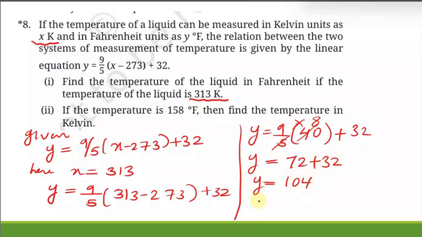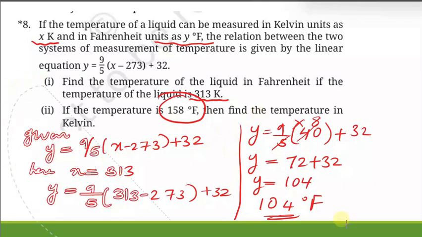That is 104 Fahrenheit, because y is represented as Fahrenheit and we have to find the Fahrenheit value for the first part. So we will get y as 104 Fahrenheit. Got the idea? Now for the second part, what do you have to substitute? Fahrenheit is given, that means y is given. You have to find x. So let us do that.